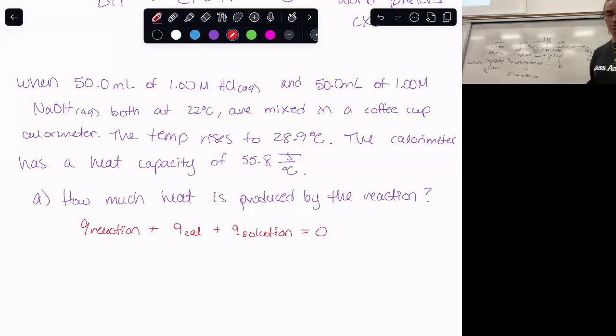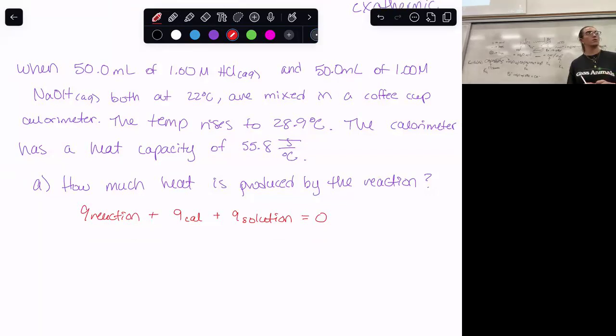So where do we go from here? The Q cal and the Q solution, right? And how are we going to solve for both of those? What did we say Q cal was?